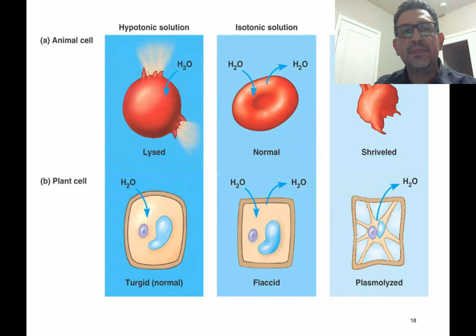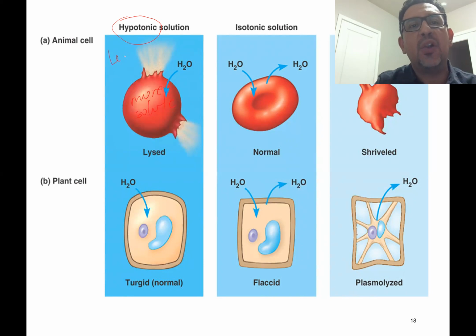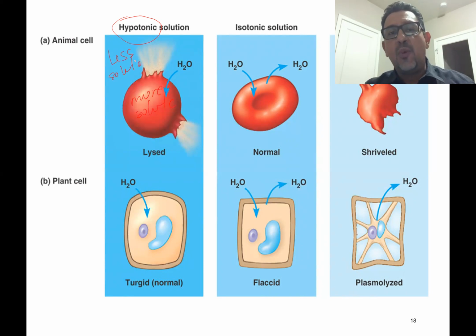A cell in a hypotonic solution means that the cell has greater solute, and the outside solution is going to have a lower solute concentration, or let's say less solute. And what happens in this situation is that water is going to be moving from where you have a greater water concentration.